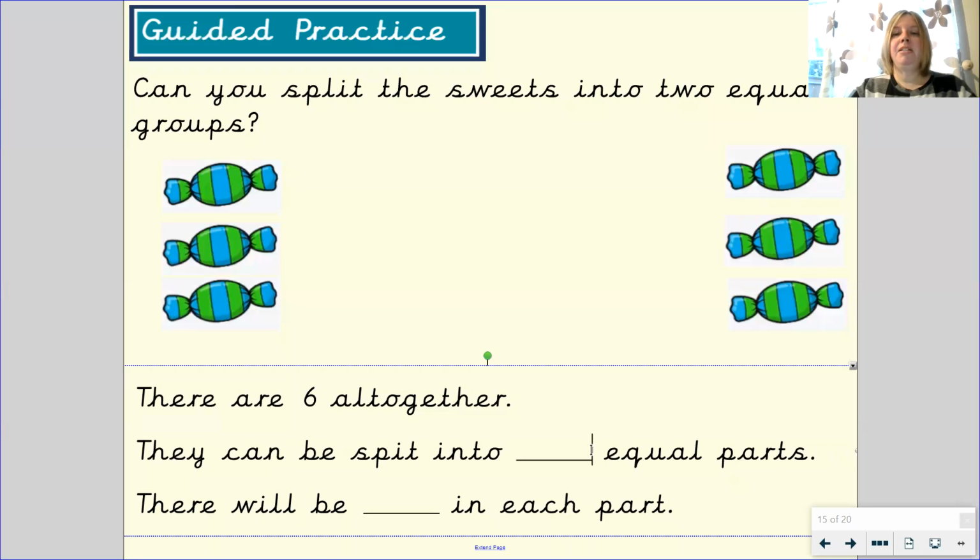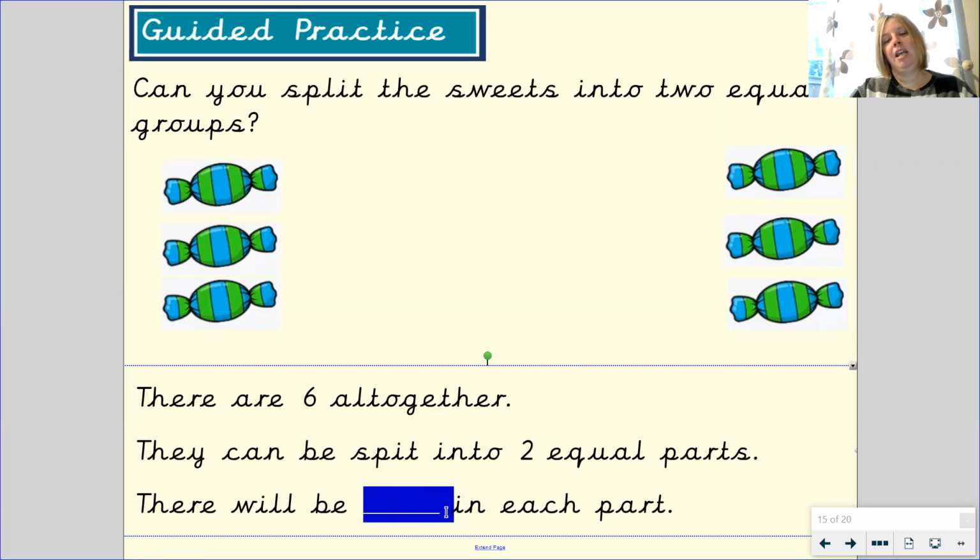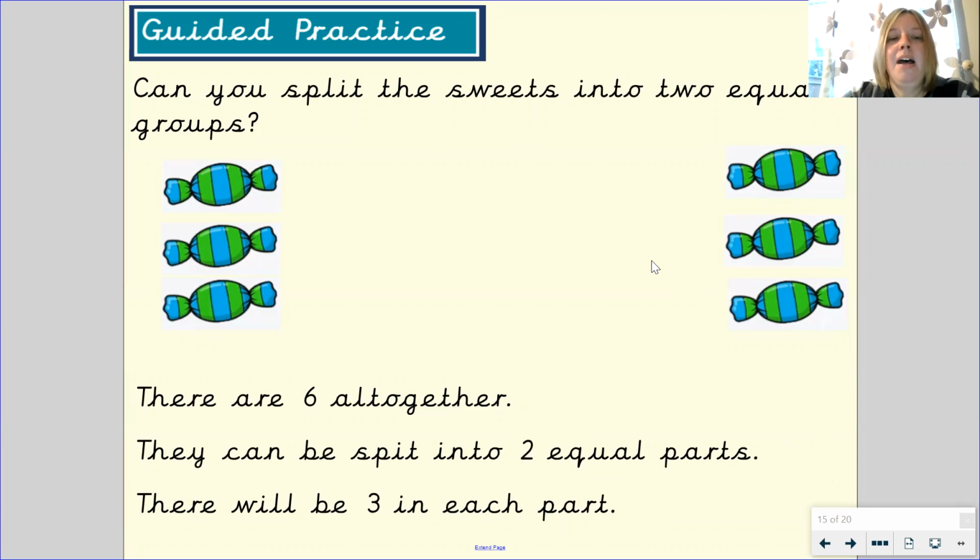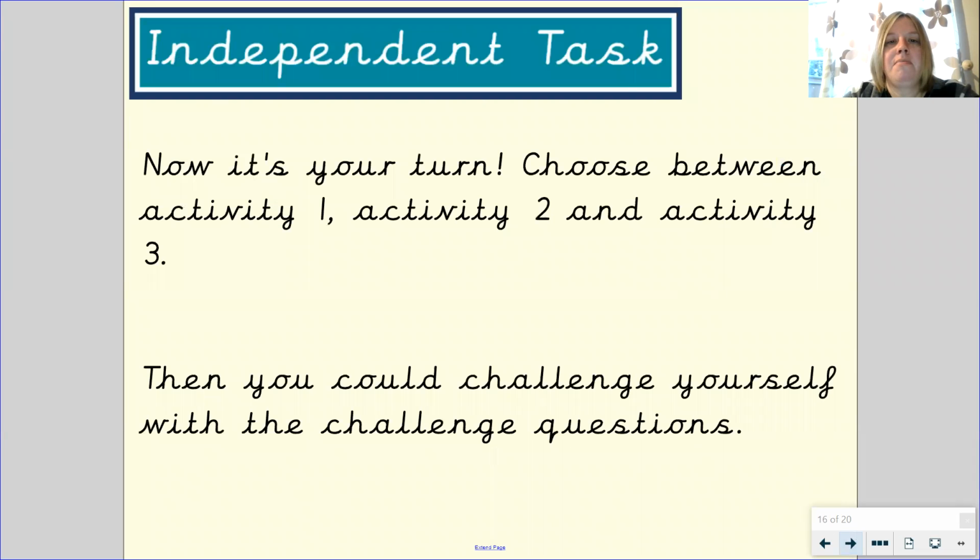So they can be split into 2 equal parts, and there will be 3 in each part. Let's read that together. There are 6 altogether. They can be split into 2 equal parts. There will be 3 in each part.